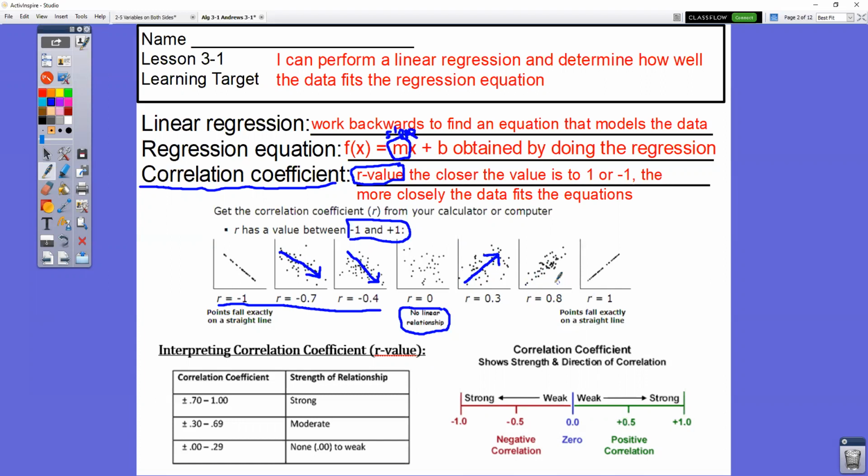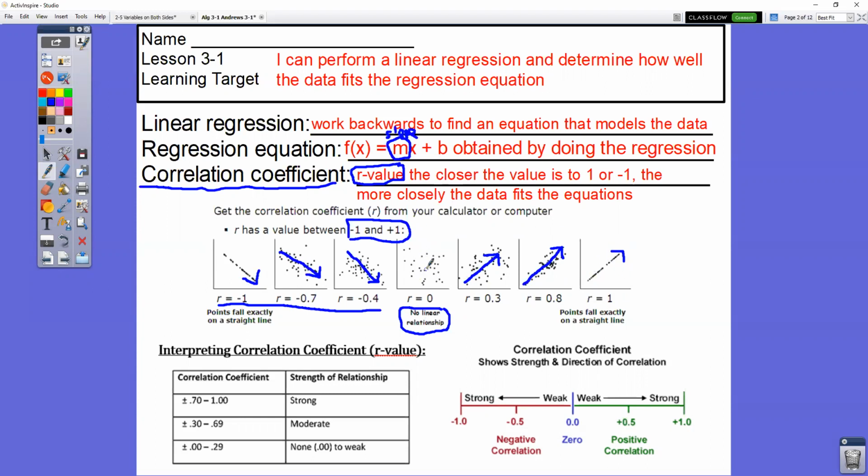As we get closer and closer to 1, notice that our dots are getting tighter, closer together. Our dots are getting closer and closer together to almost start forming more of a line. They have a stronger relationship to each other. And then when we get to exactly 1, notice that it forms a straight line again. So we have a straight line of data at -1 and at +1.